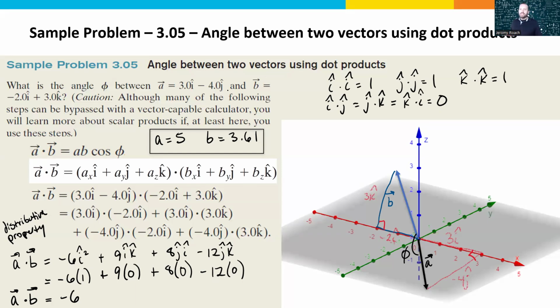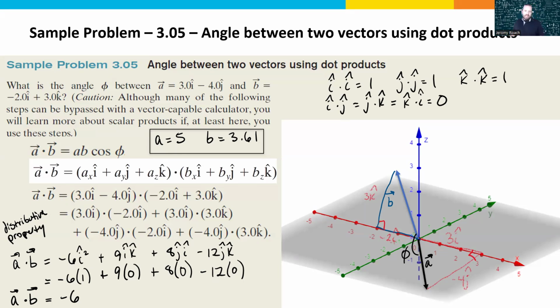And this is for the dot product, not for the cross product. So for the dot product, we use the distributive property. And if we have two of the same hat components, they equal 1.